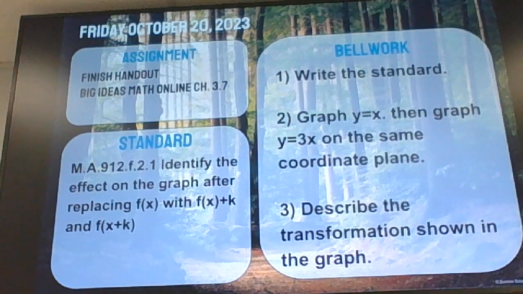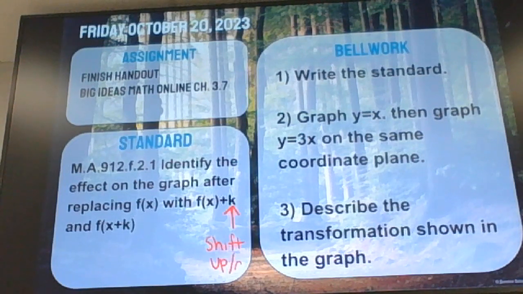So yesterday I said a number after the function notation. Would this shift the graph up or down or left or right? That's the shift up or down, since it's plus.